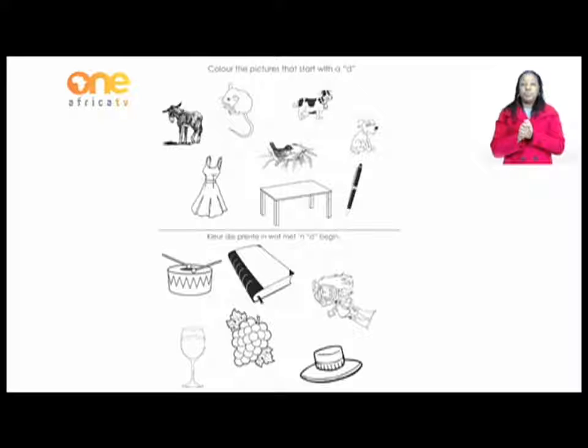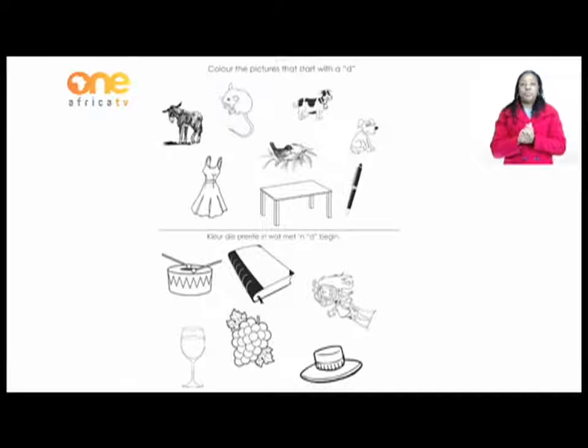Letter D. And the instruction says, color the pictures that start with a D. Now what we need to do is name the pictures that we see on page 17. What pictures do we see?